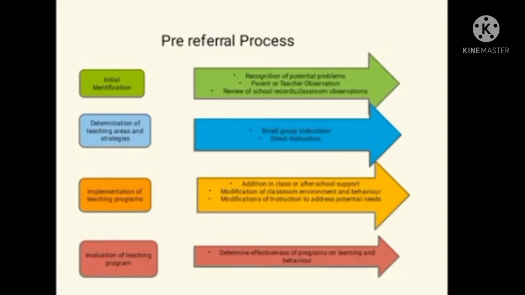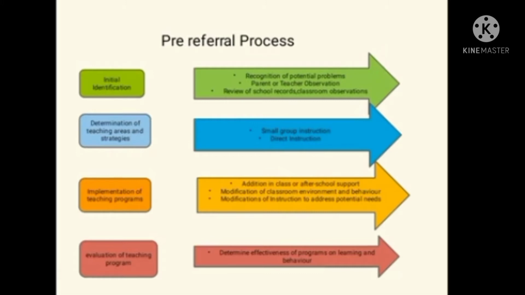Along with the interventions, the pre-referral team may identify appropriate accommodations to address the specific needs of the student in the general education classroom. Such accommodations might entail recommendations for the classroom environment, classroom management system, instructional procedures, and task demands. So, that is the second stage of the pre-referral process.